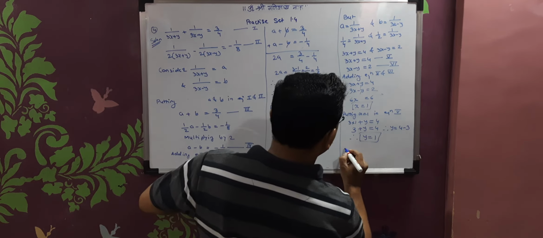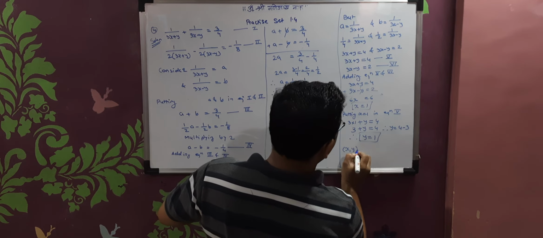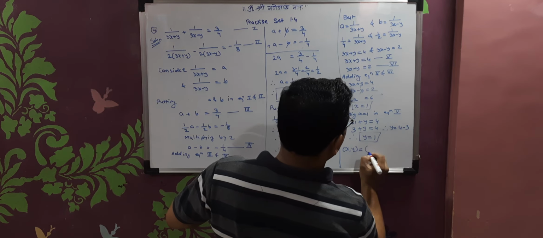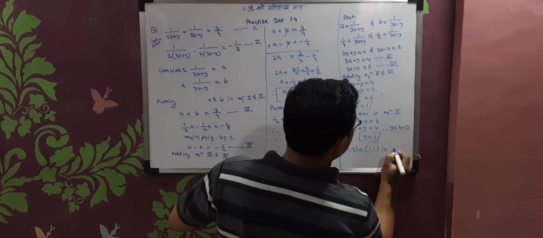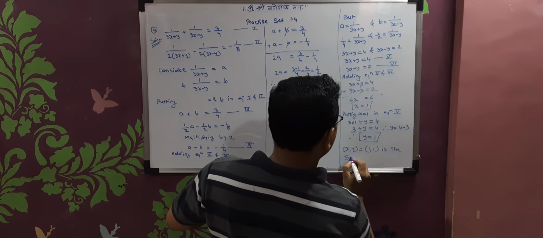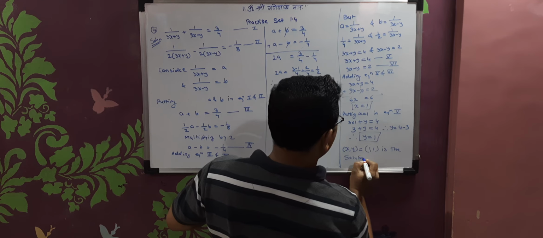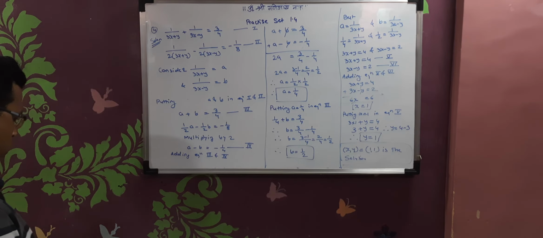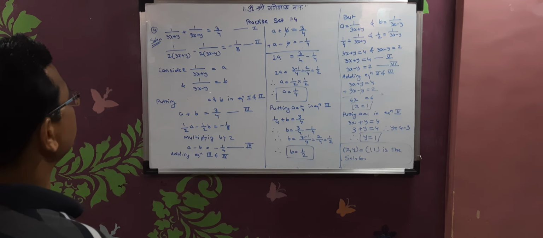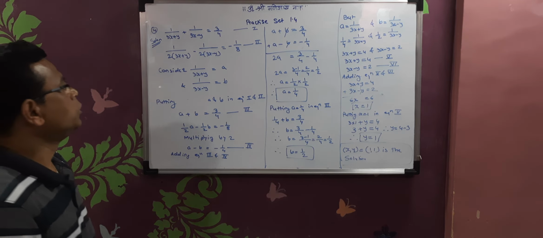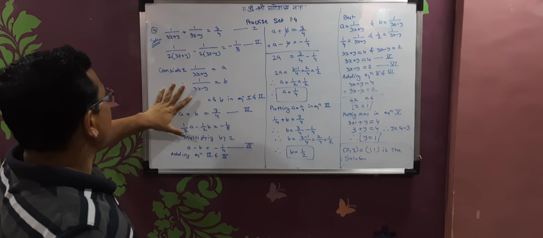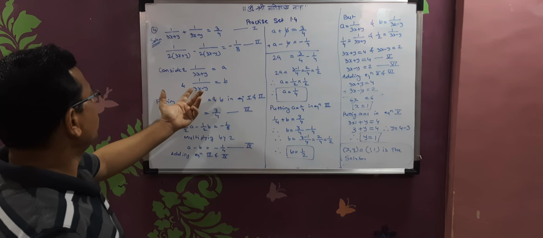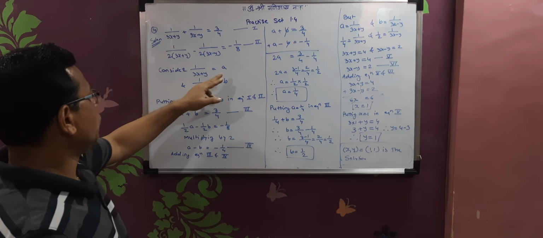So what is the solution? So x comma y is equal to 1 comma 1 is the solution of this non-linear equation. Hope you have understood this problem. What we have done, similar to the earlier problem, we have considered these existing variables as new variables.